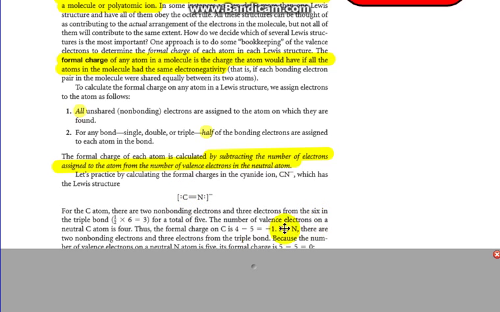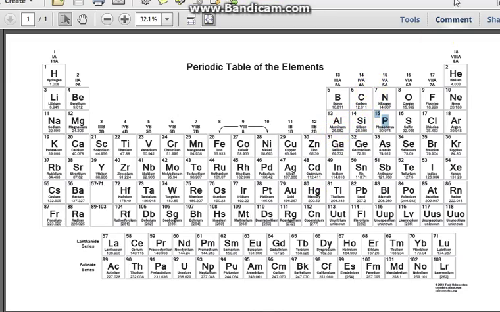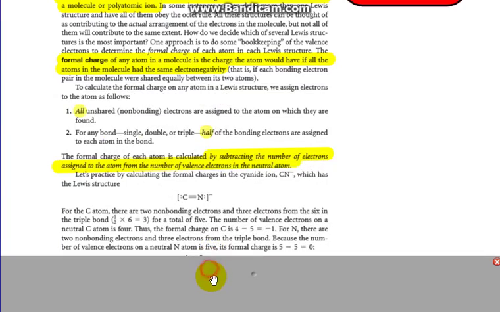The number of valence electrons in the neutral carbon is 4. So to use this bookkeeping method, you take the valence electrons, subtract the number of bonded and unbonded electrons, I get -1. So looking at the actual electrons I'm bonded to or shared, that is where this bottom number comes from.